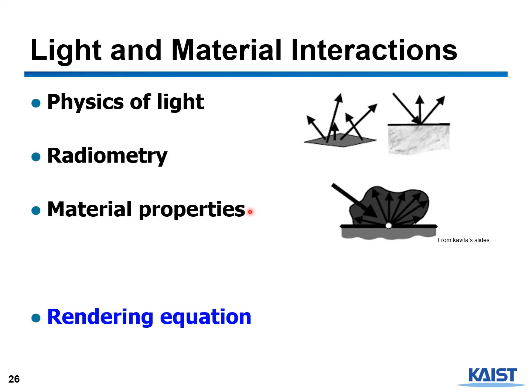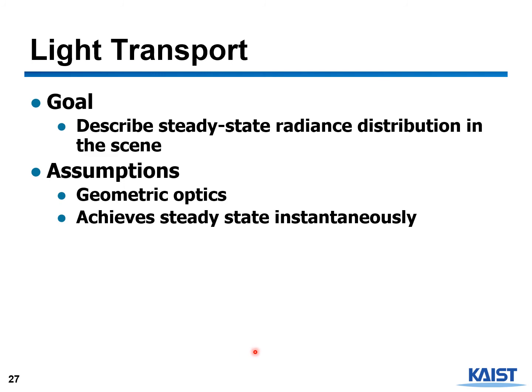So far I talked about the physics of light, radiometry, and material properties. Now we are ready to move on to our final topic, the rendering equation. The rendering equation, also known as light transport, describes the steady state. We don't care about how the energy propagates in time, because the energy moves so fast that we only care about the steady state radiance distribution in the scene.